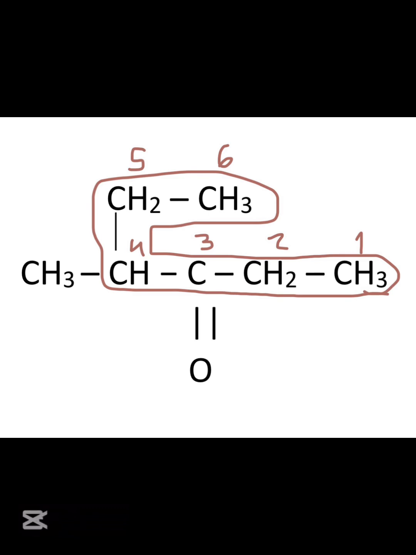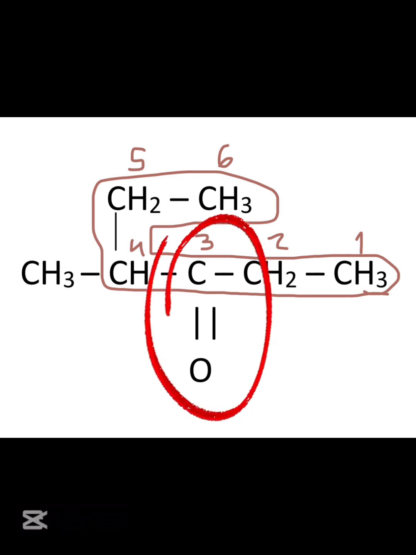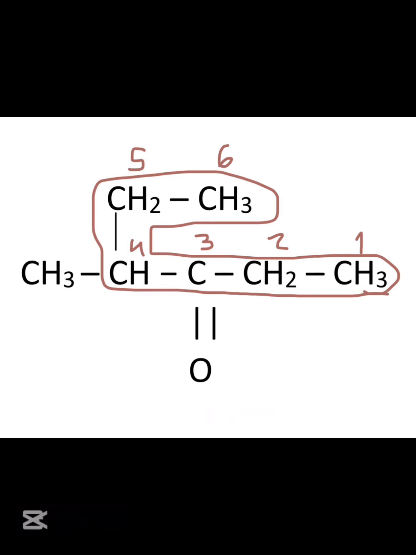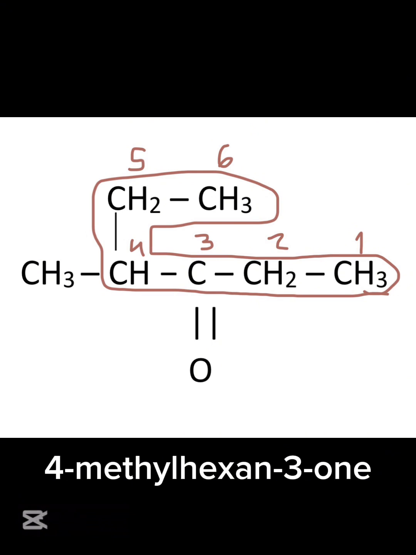Remember to identify other carbon atoms bonded to my parent chain. Here is bonded to my carbon atom number 4. And my carbonyl group is on carbon atom number 3. So the final name is 4-methylhexan-3-one.